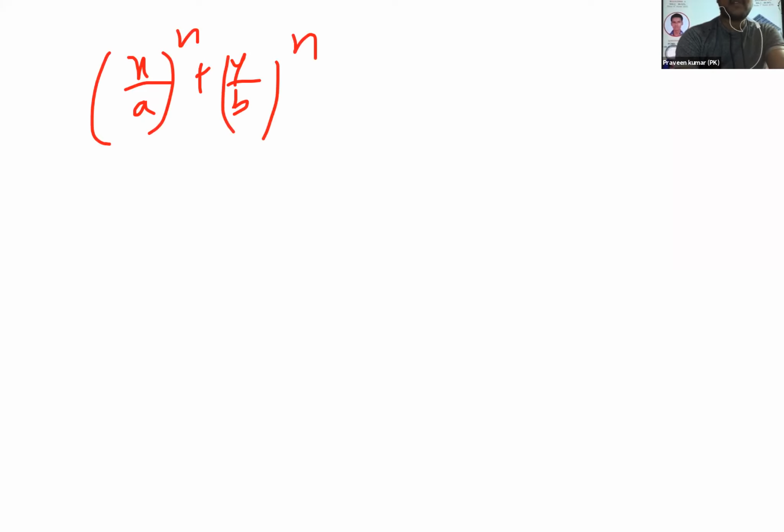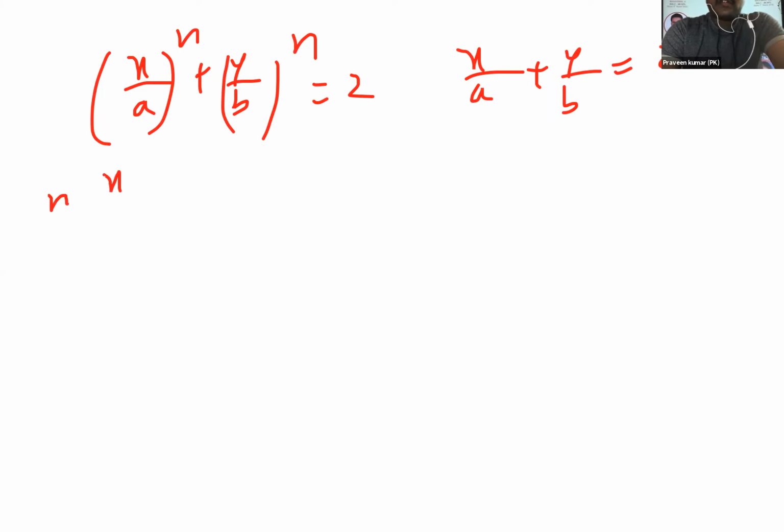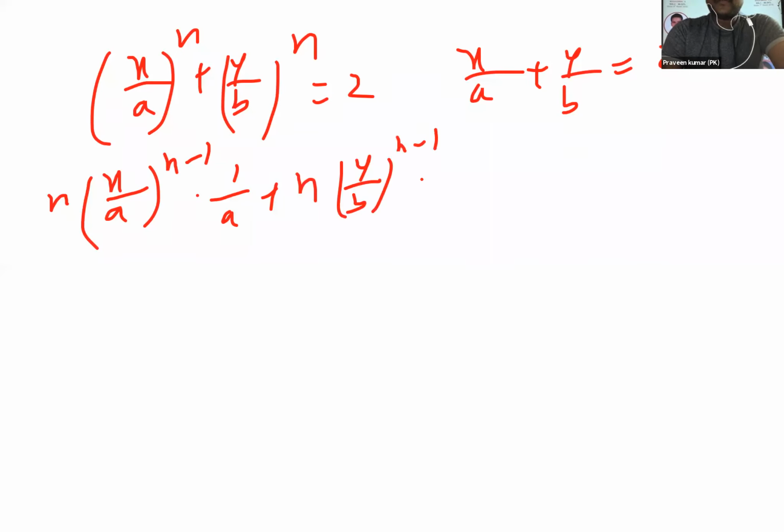The given equation: (x by a) to the power n plus (y by b) to the power n is equal to 2. Touching the line x by a plus y by b equal to 2. What is the derivative of this one? n into (x by a) whole power n minus 1 into derivative of x by a, 1 by a, plus n into (y by b) whole power n minus 1 into derivative of y by b, 1 by b, is equal to 0.